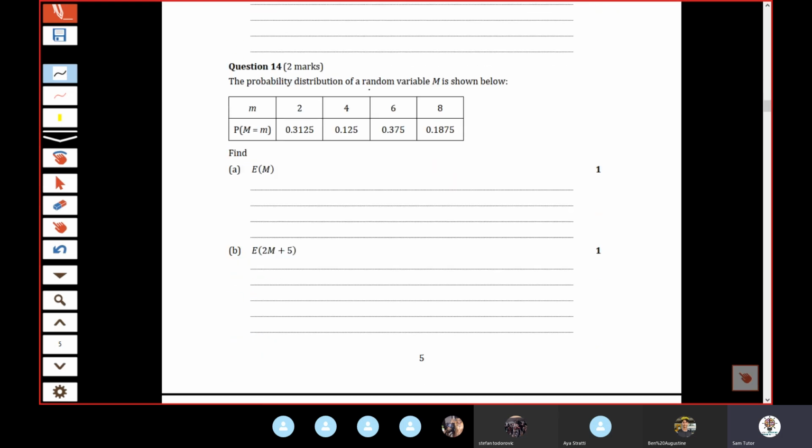The probability distribution of a random variable m is shown below. Find E of m. I'll let you guys just quickly do that. Give me an answer for that one. You're just multiplying, adding. So go ahead and do that.